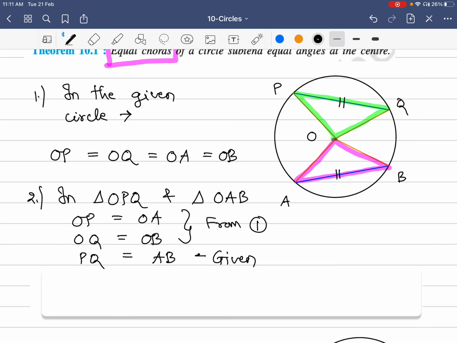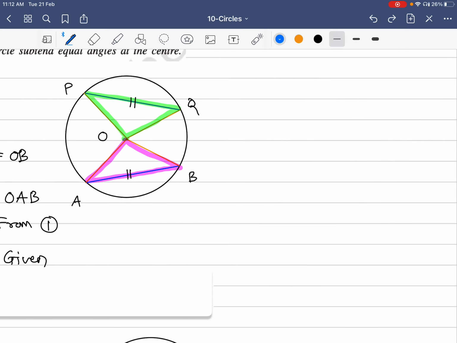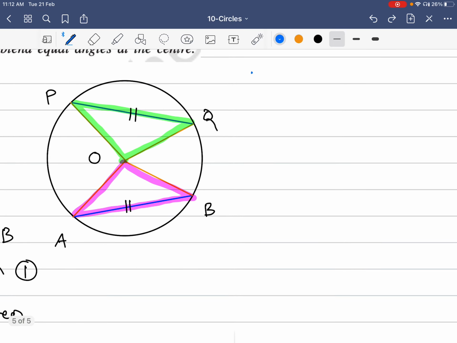So thus, let me go to the other side. Let's come here, let's zoom in.